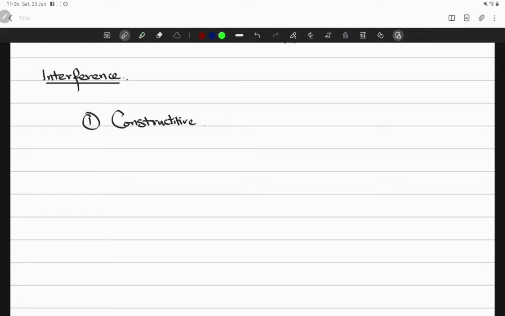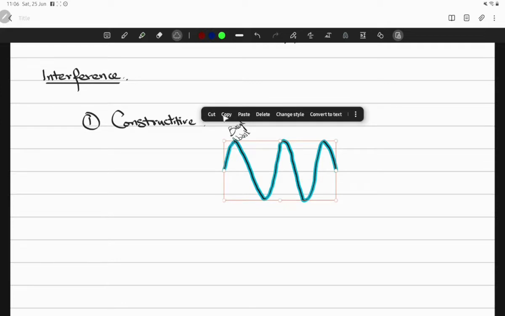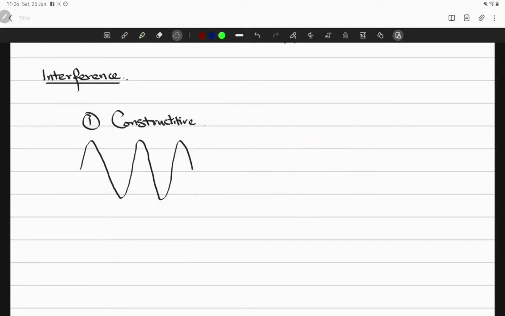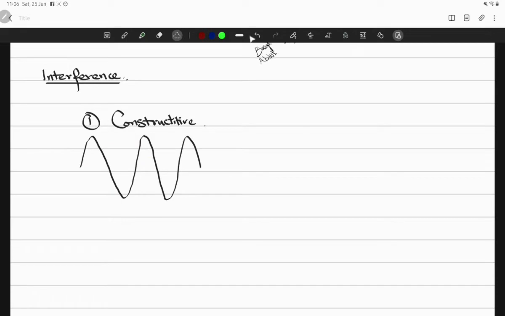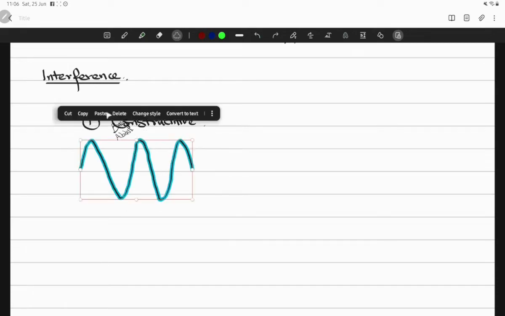Constructive interference is when you have two waves, so for example, this is one wave, and then let's say that you have another wave which is in phase with this one, which would really mean that the path difference between the two waves. So let me just copy paste this wave.